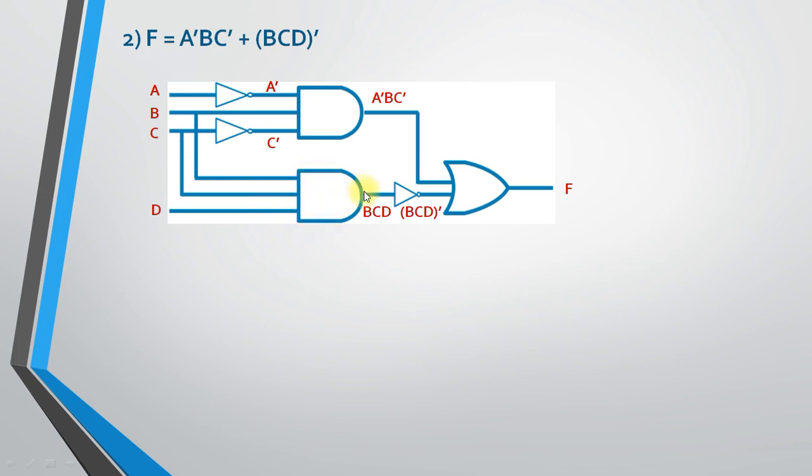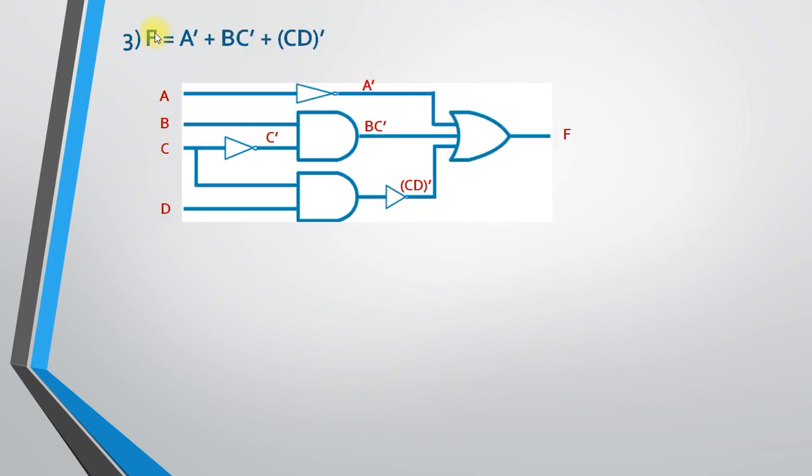And over here with the AND gate, so BCD is there, but over here they have placed one NOT gate. So NOT gate is represented by whole dash, and this goes inside OR gate. OR gate can be represented by plus sign. So in this way, from the logical diagram you can get the Boolean function.